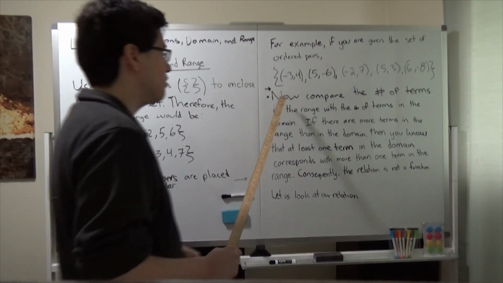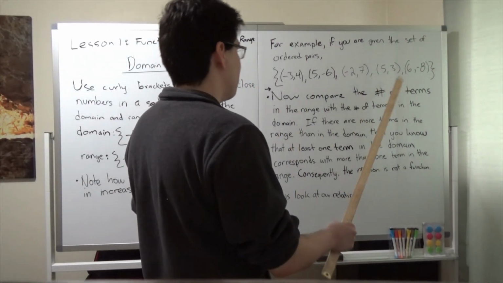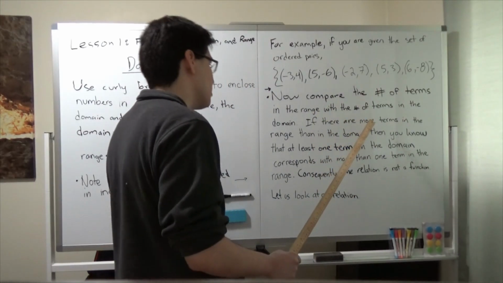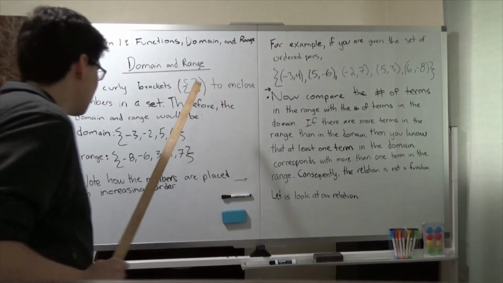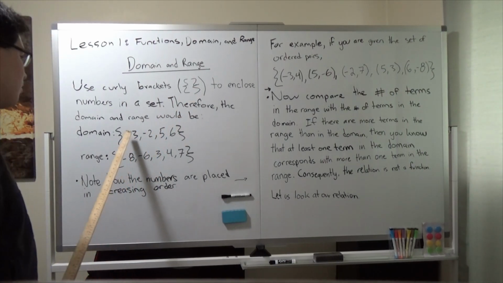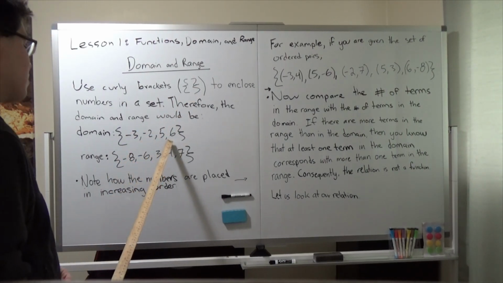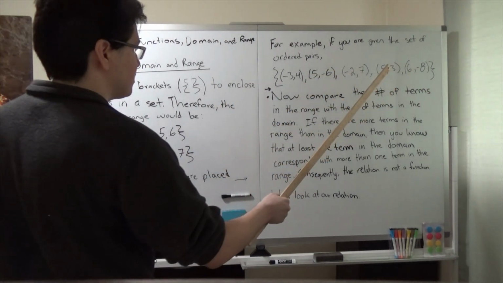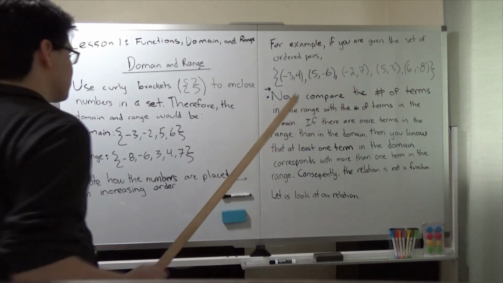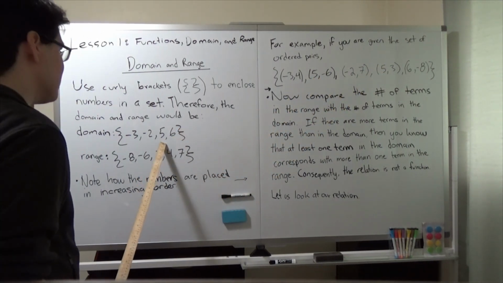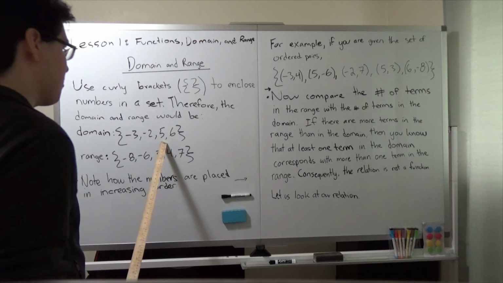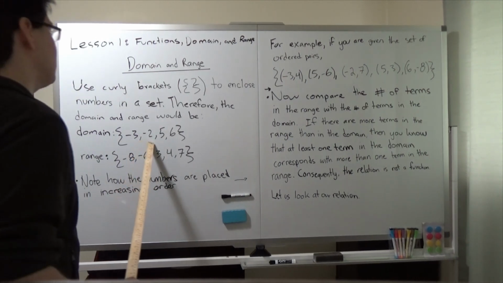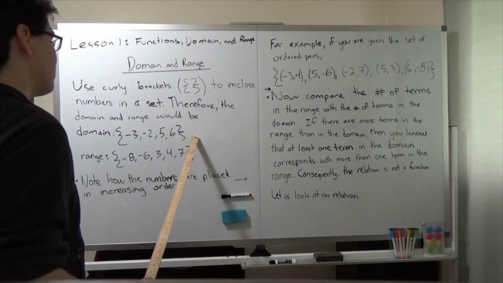Now we compare the number of terms in the range with the number of terms in the domain. So let's count. How many terms are there in the domain? 1, 2, 3, 4. There are only 4 terms, not 5 like the 5 points here, because we only wrote the number 5 once instead of twice. In the range, there are 1, 2, 3, 4, 5 numbers.